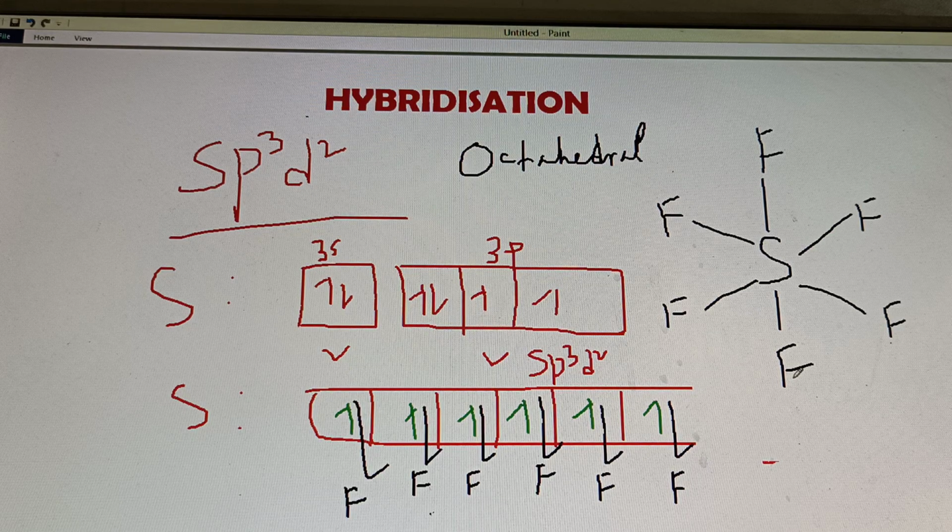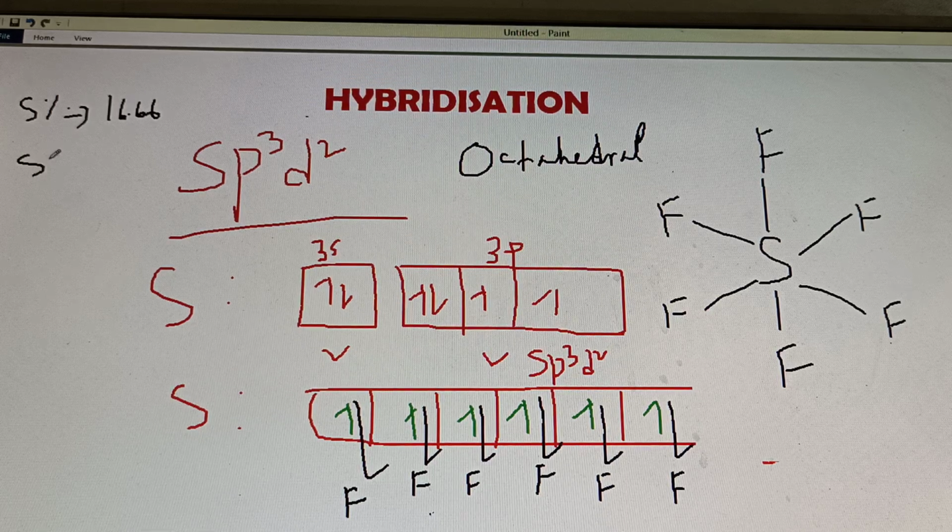Now what is the percentage of s character? One divided by 6, that is 16.66. What is the percentage of p?